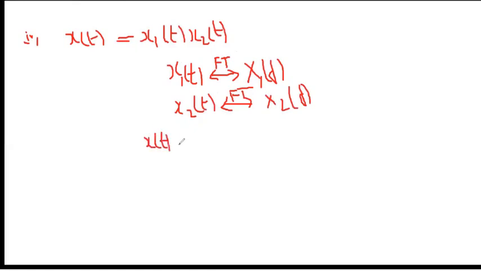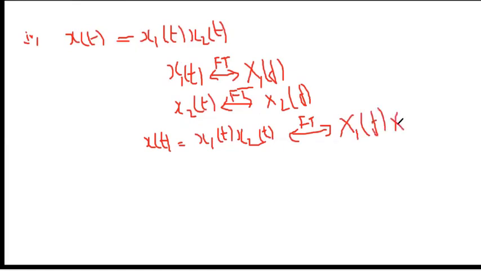What is the Fourier transformation when the time is a product? The time is a product means the frequency is a convolution. x1 of f convolved with x2 of f. That is equal to x of f.